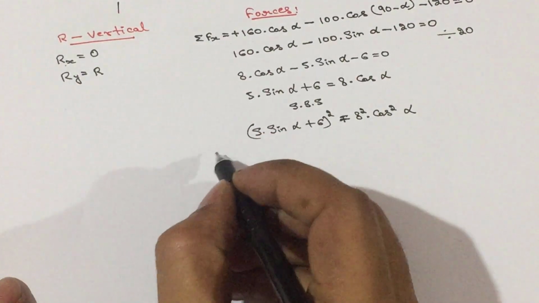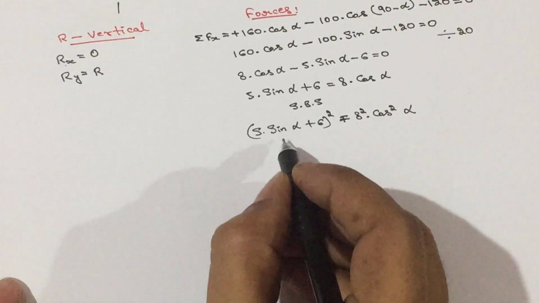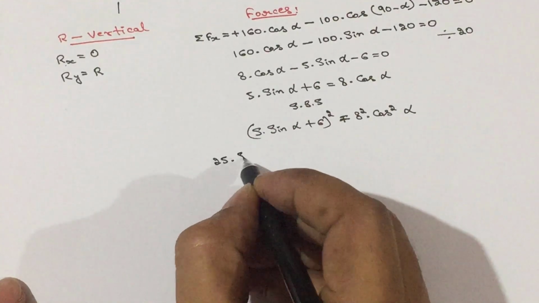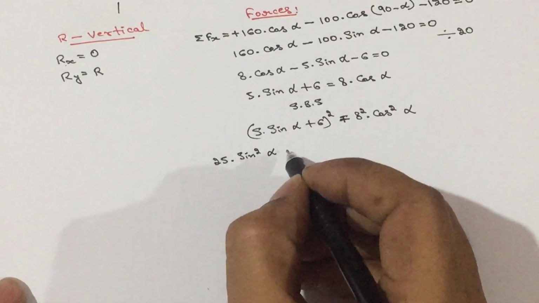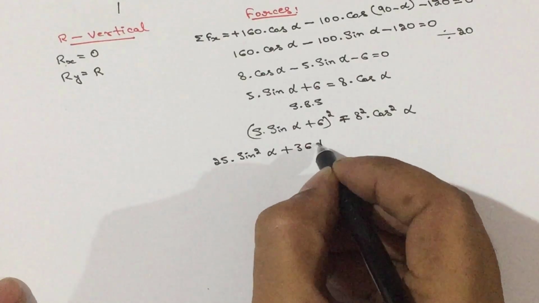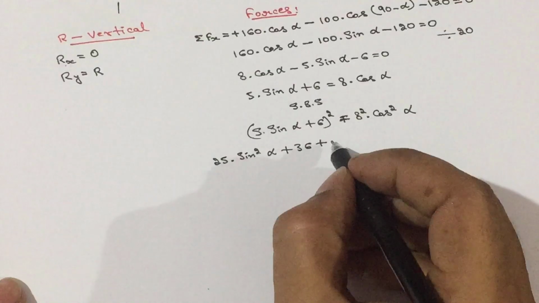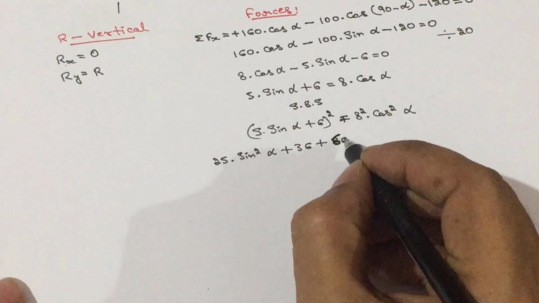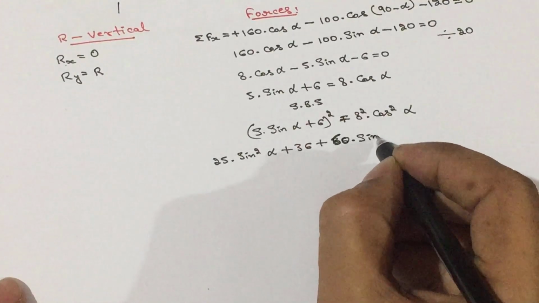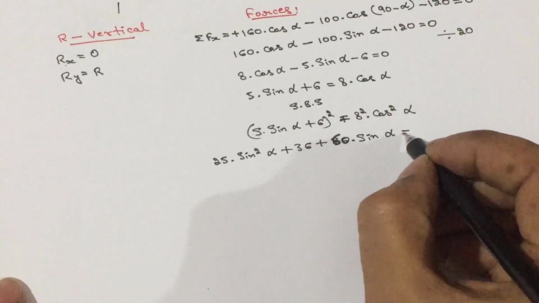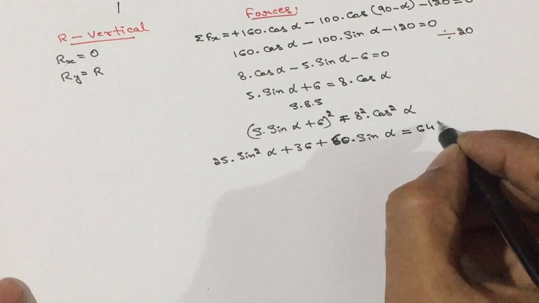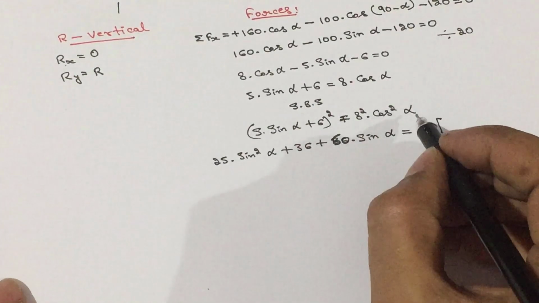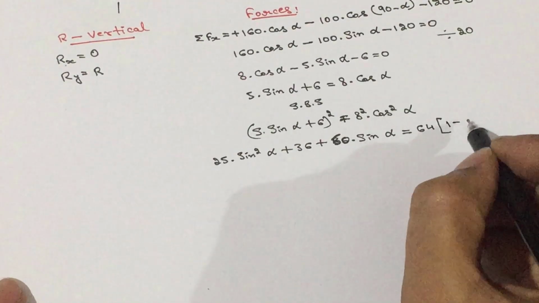You are going to get a square, that is 5 square into sine square alpha. 5 square is nothing but 25, plus 6 square, that is 36, plus 2ab, 2 into 5 into 6, that is 60 into sine alpha, that is equal to 8 square, which is 64 into cos square alpha. Then we know that sine square alpha plus cos square alpha is equal to 1, or cos square alpha is equal to 1 minus sine square alpha.